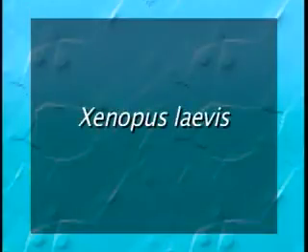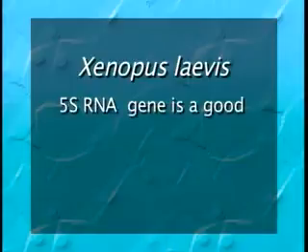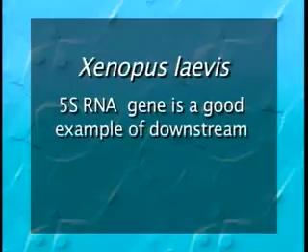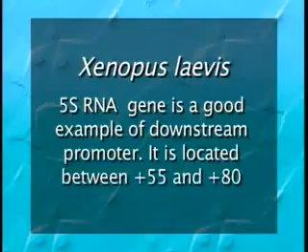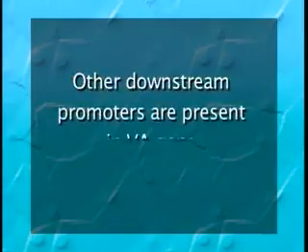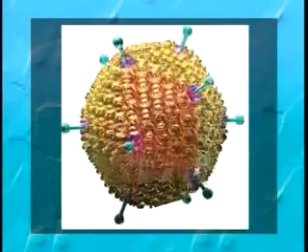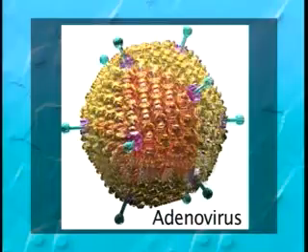The promoter of Xenopus laevis 5S RNA gene is a good example of downstream promoter. It is located between plus 55 and plus 80 regions. The promoter itself is transcribed and is represented within the RNA. Other downstream promoters are present in VA gene of adenovirus, which is between plus 9 to plus 72.